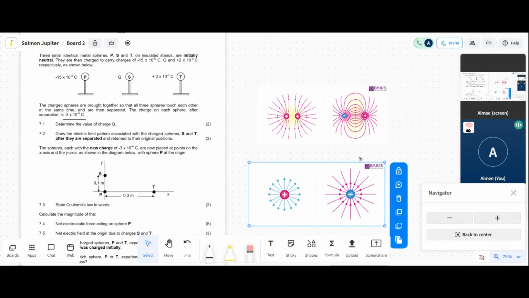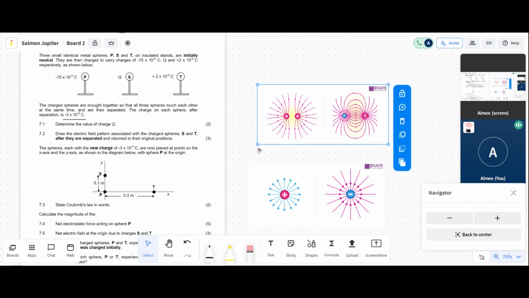So point charges, they can ask you to draw a point charge field pattern. And so this is a point charge field pattern. You can see a positive charge has got electrostatic force moving outwards, and a negative point charge has got electrostatic force moving inwards.